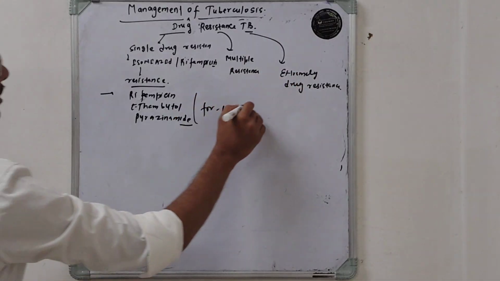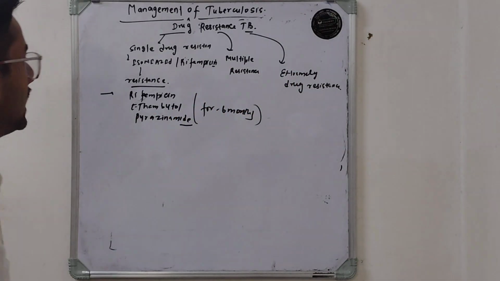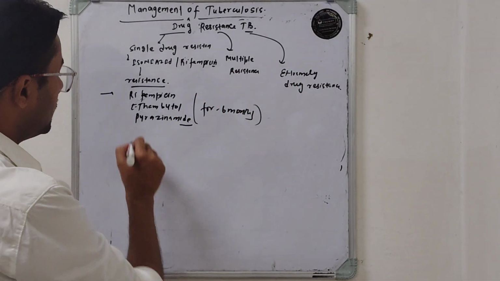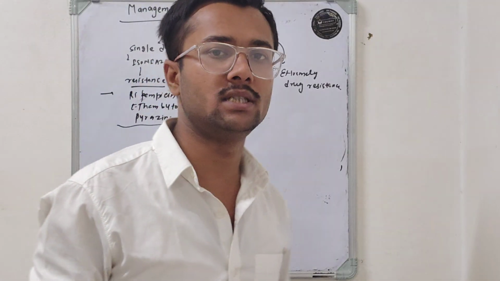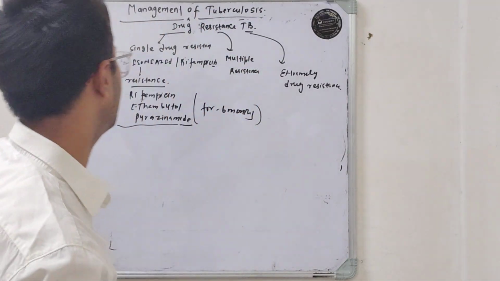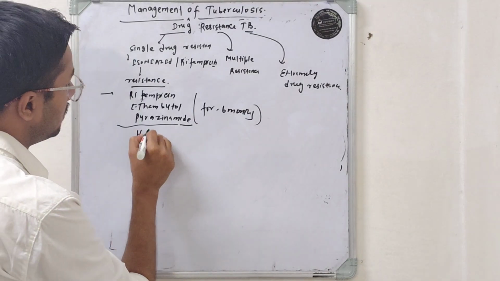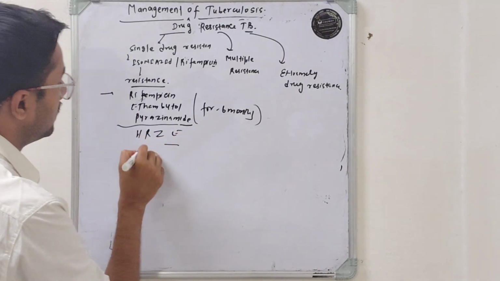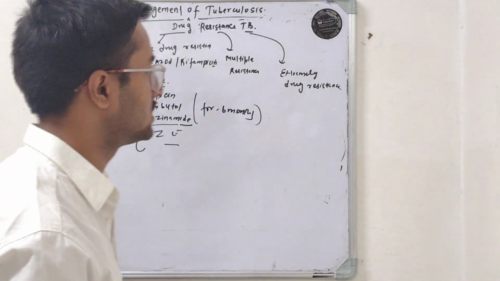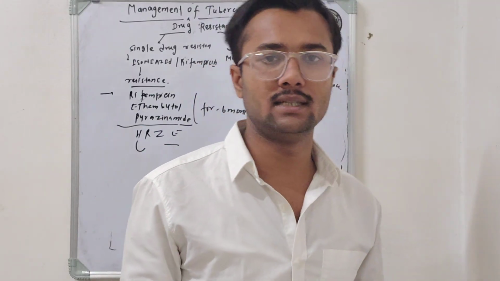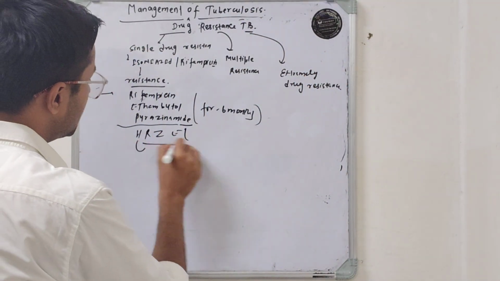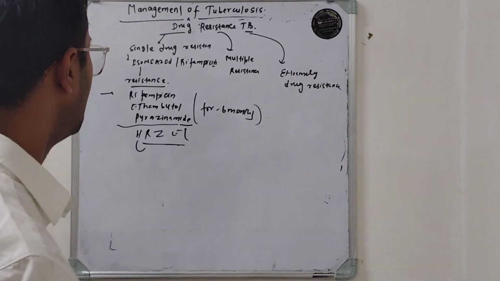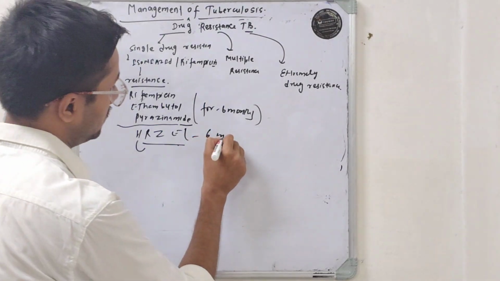The problem is that this combination is not available in the market. The market has the HRZE combination, so we go for the HRZE combination for 6 months.